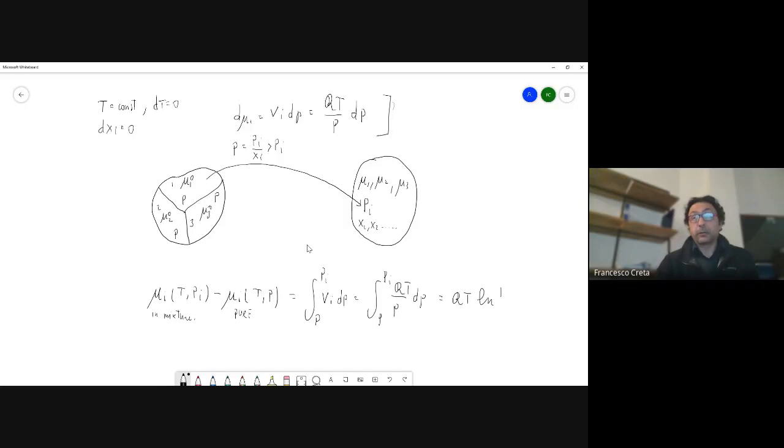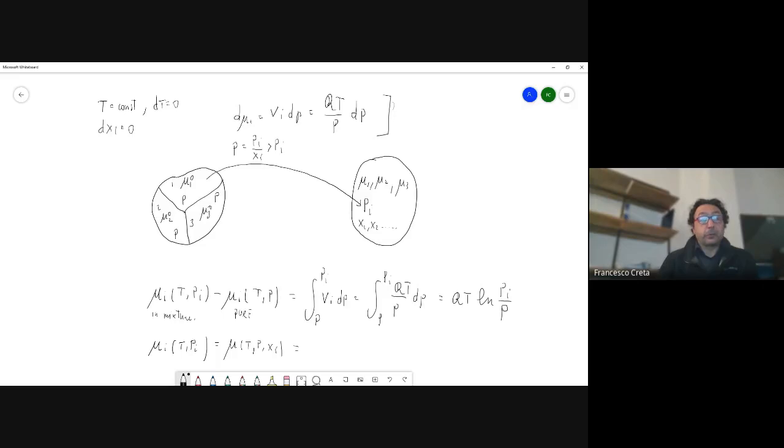So this is RT times the natural logarithm of pi over P. So as you can see, we have now expressed the chemical potential in the mixed system of species I, and because pi is P times xi, we could even express it as a function of T, P and xi, okay?